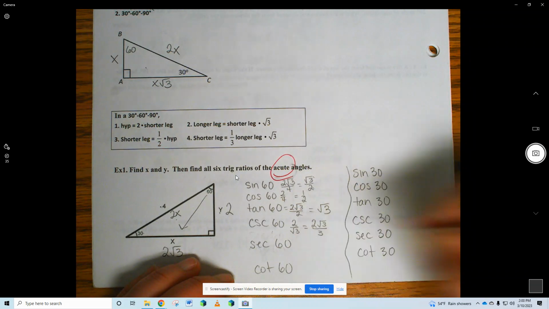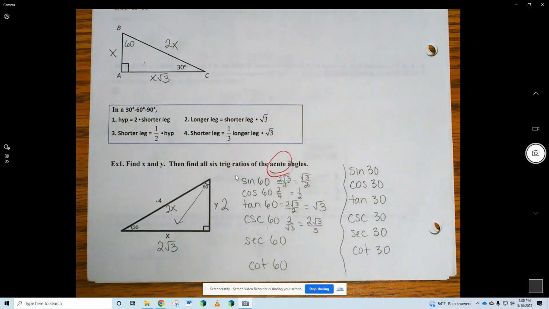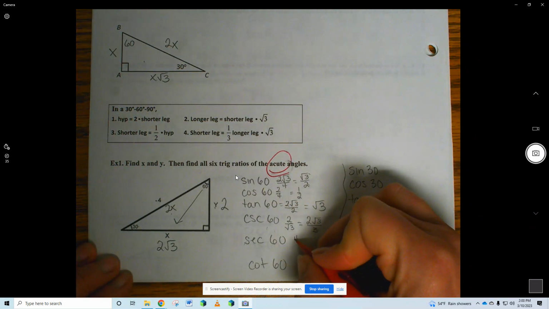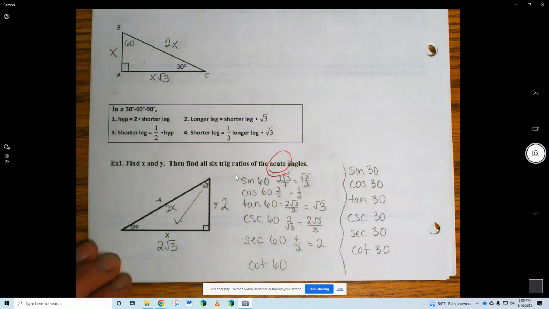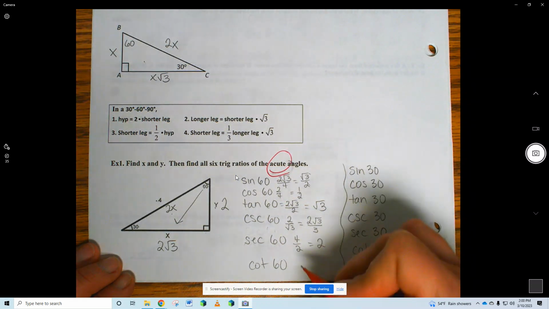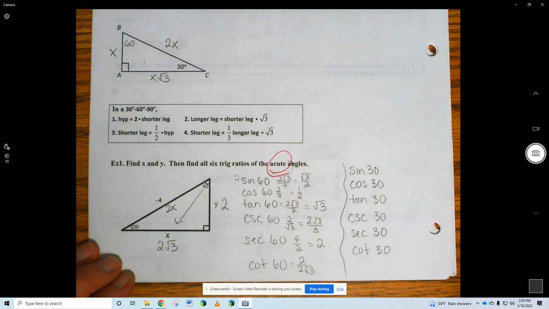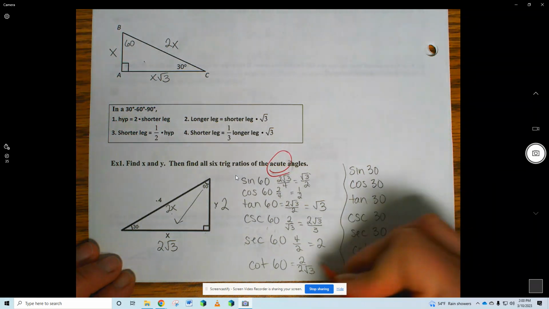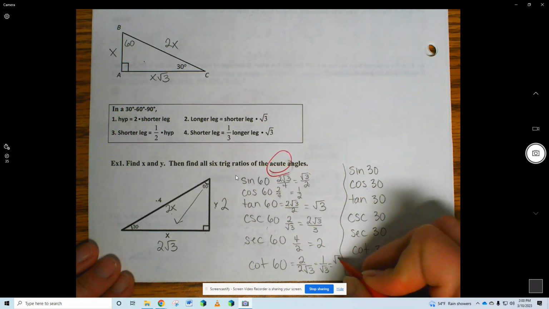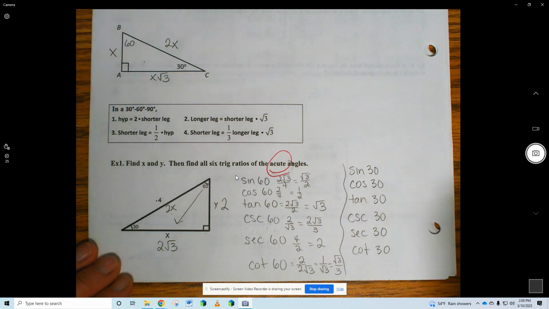I'll just do the math for you. Secant 60, 4 divided by 2, which is 2. Cotangent 60, 2 divided by 2 rad 3, which I reduce to 1 over rad 3, which becomes, after I rationalize the denominator, rad 3 over 3.